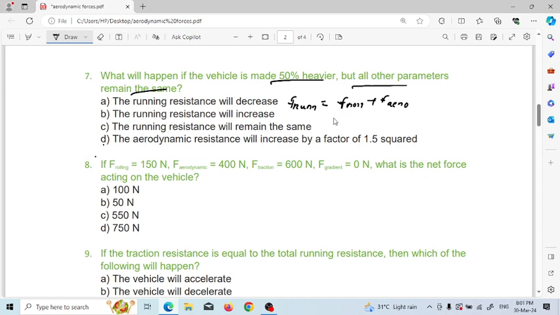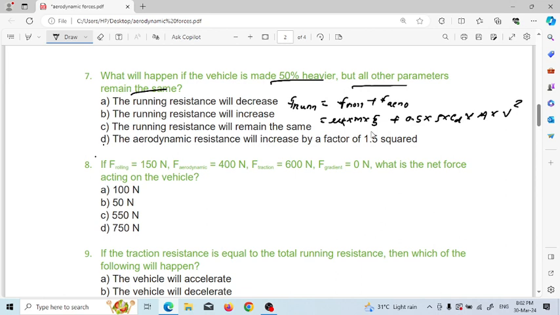So the rolling resistance formula is mu K, the kinetic coefficient of friction, into the mass of the vehicle, into g, and aerodynamic resistance is 0.5 into rho, coefficient of drag, into area, frontal area of the vehicle, into velocity square.